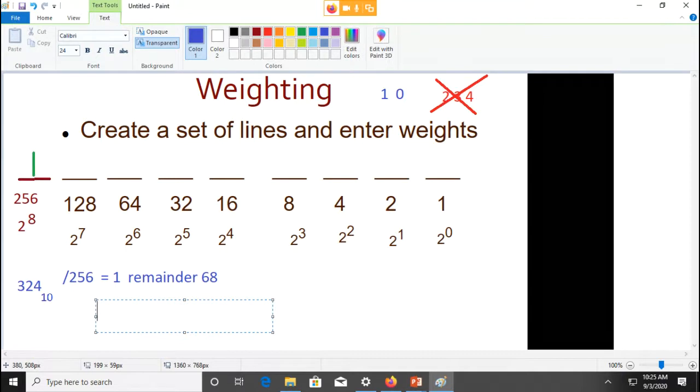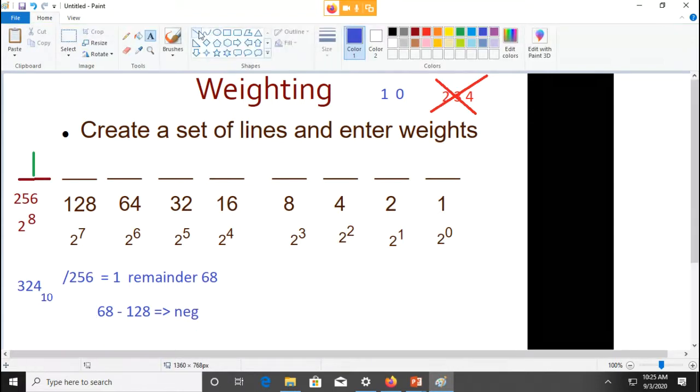If you take 68 minus 128, that gives you a negative result, and we can't have a negative result. So that gives us a 0 for the 128 field.